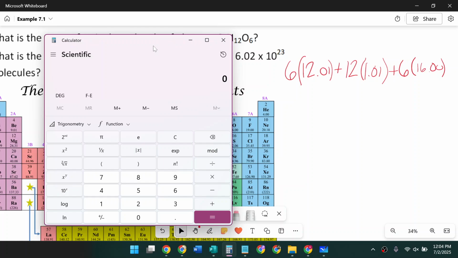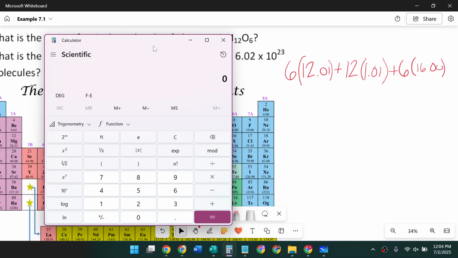So when we think about significant figures, we just have to think about how many significant figures 12.01 has, or what level of precision it has, and remember the rules for adding. So when we add, we think, all right, 12.01 is to the hundredths place. If I add another number to it and its precision is also to the hundredths place, then my answer needs to be to the hundredths place.